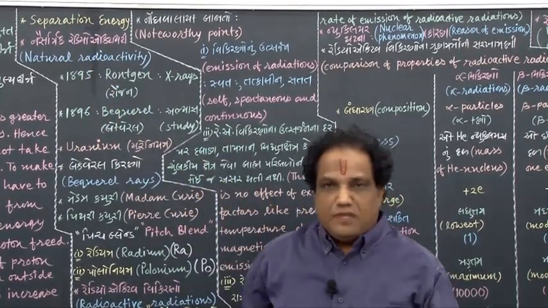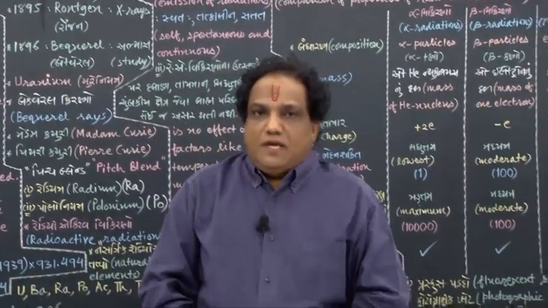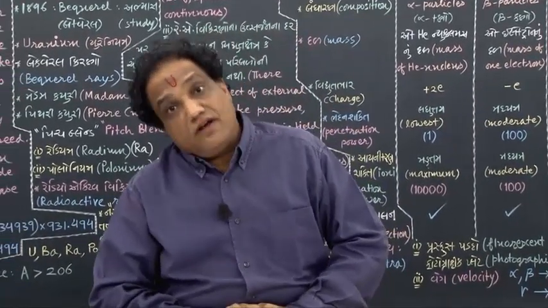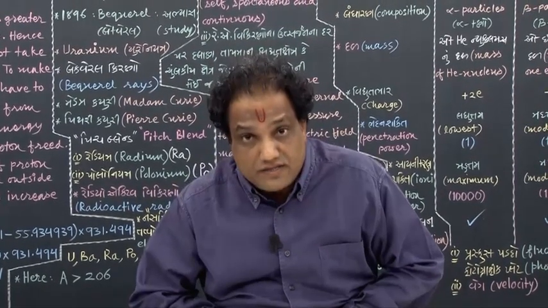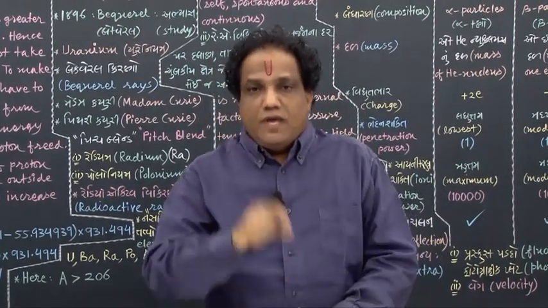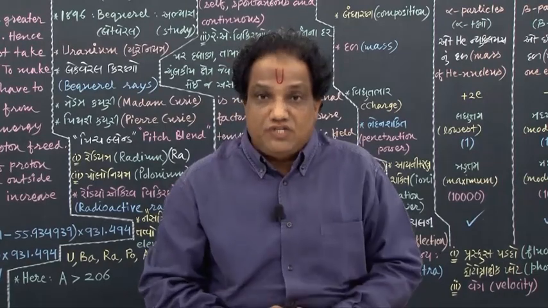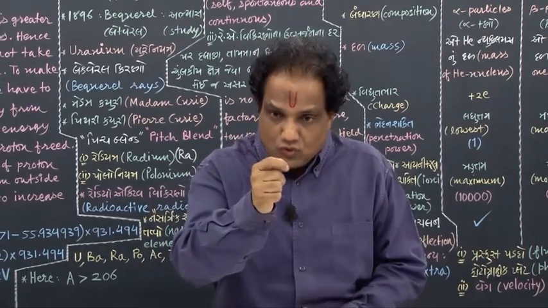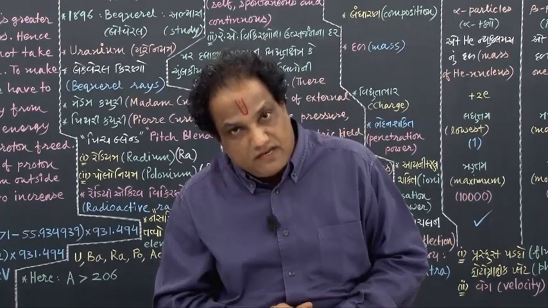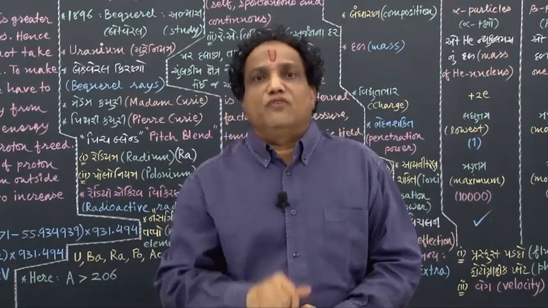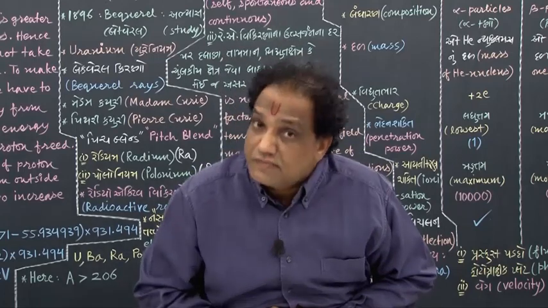Fine. See, remember we had defined earlier the work function of a given metal in semester 3. The minimum amount of energy required to emit one electron from a given metal is called its work function.